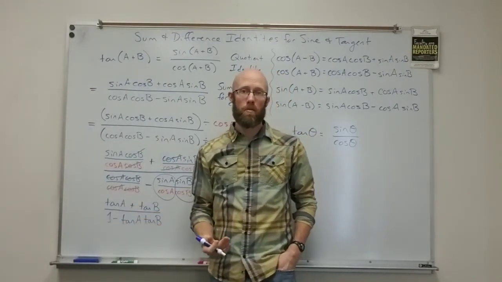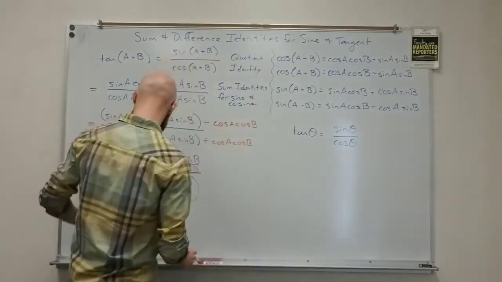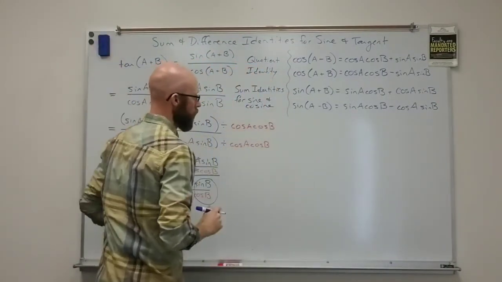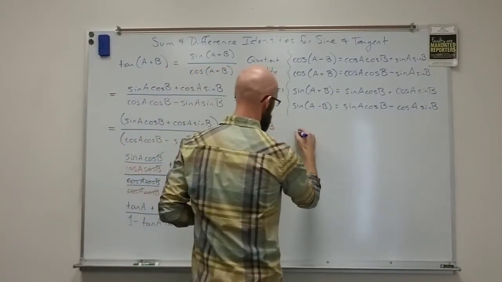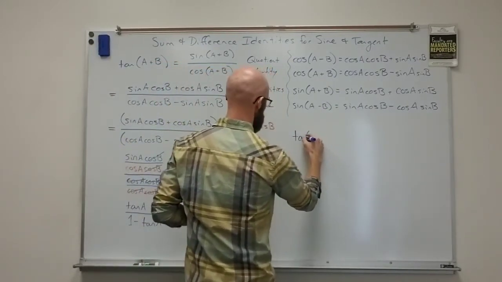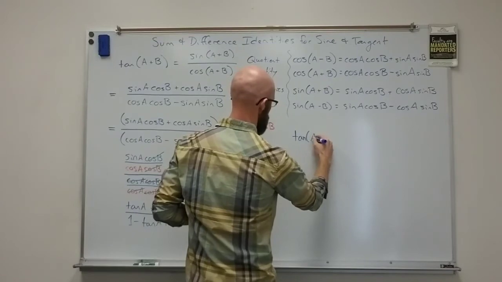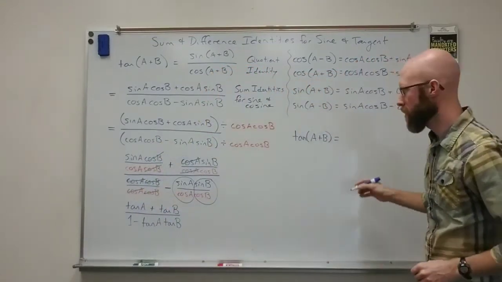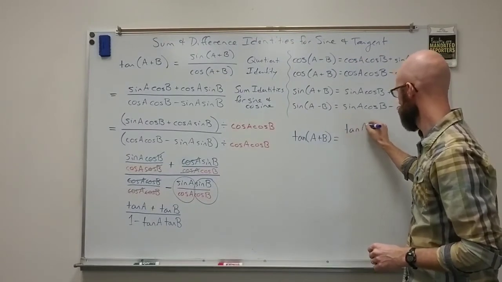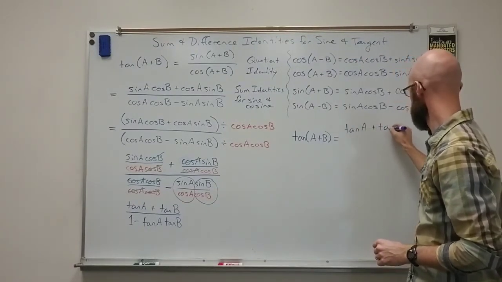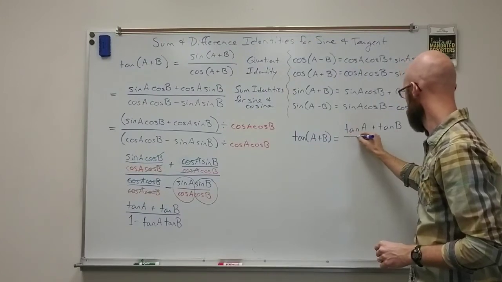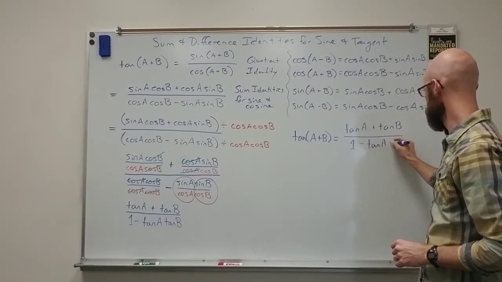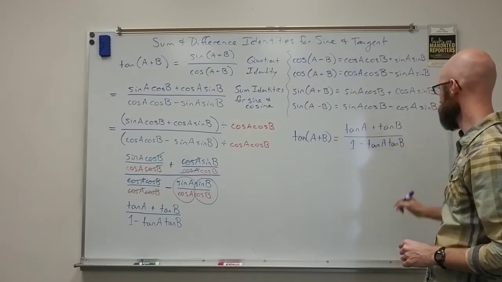And so our new formula for the sum is the tangent of A plus B equals the tangent of A plus the tangent of B all over 1 minus the tangent of A times the tangent of B. Right?